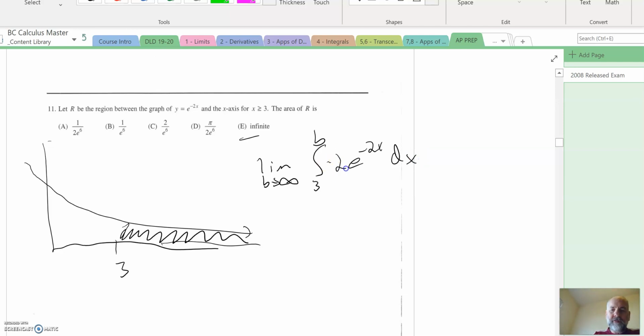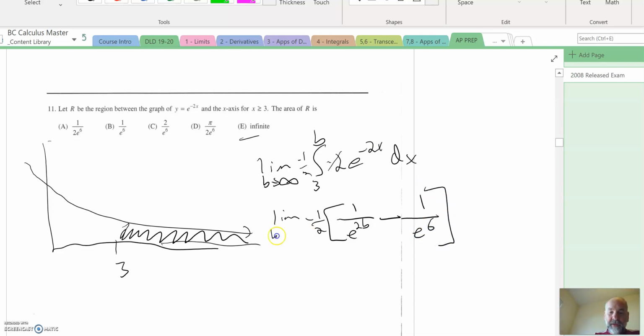So that's going to be the limit, and it's going to be -1/2 times, that goes away, and so e to the -2, so it's going to be 1 over e to the 2b minus 1 over, that does the negative, plug in 3, yeah, so it's e to the 6th.